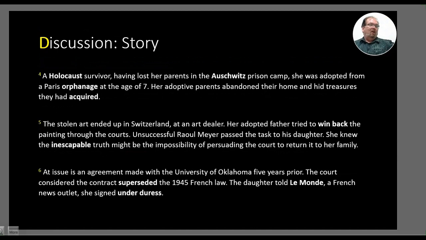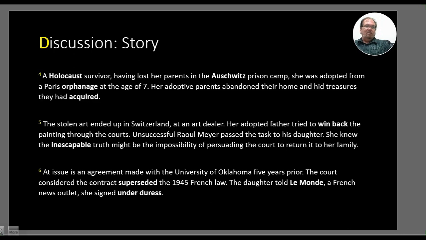A Holocaust survivor, having lost her parents in the Auschwitz prison camp, she was adopted from a Paris orphanage at the age of 7. The adoptive parents abandoned their home and hid treasures they had acquired. The stolen art ended up in Switzerland at an art dealer.